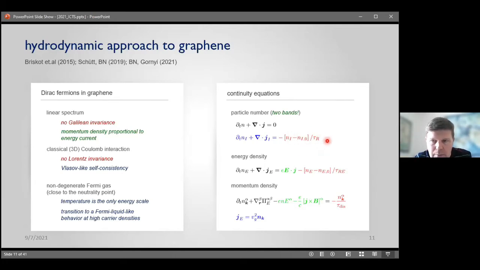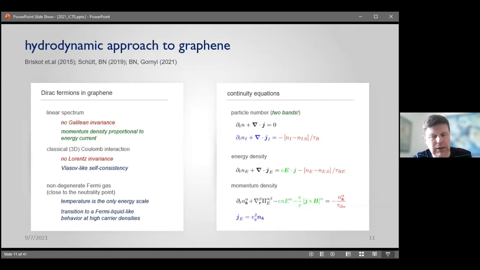And the same mechanism may also contribute to weak violation of energy conservation. And in fact, because we are in a solid, there is also disorder scattering. Therefore, weak disorder scattering cannot be completely neglected. Therefore, momentum is also weakly not conserved.